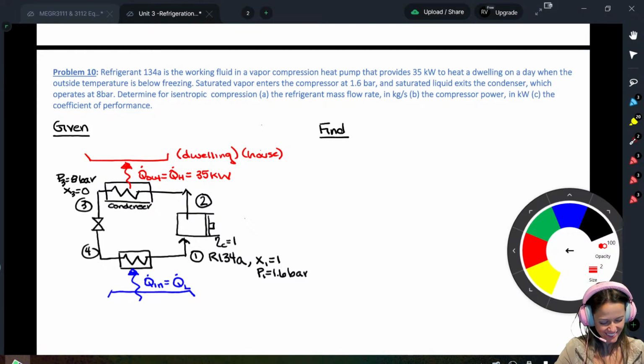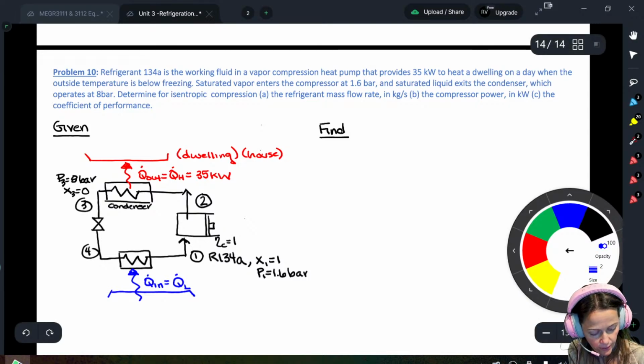For the cold temperature, like the heat pump at your house, the way that it works in the winter is it's pulling heat out of the air outside. Even though it's cold air outside and it doesn't feel like there's any heat, there's still thermal energy in the air outside. So this is just the cold outdoors.